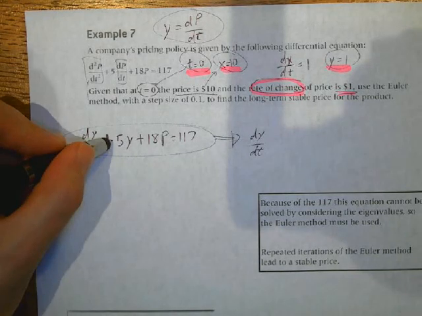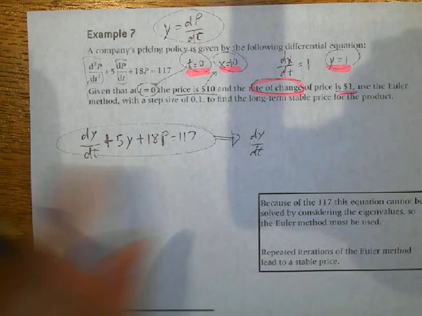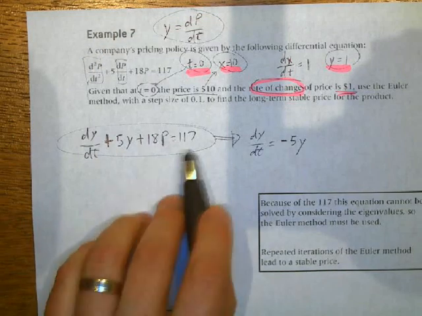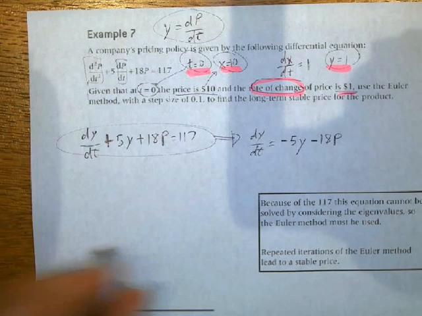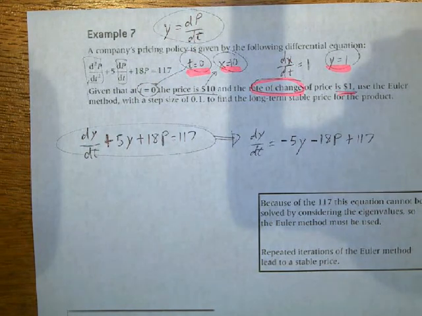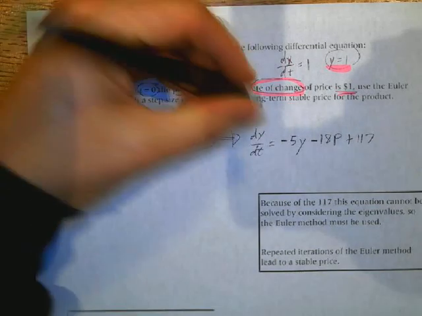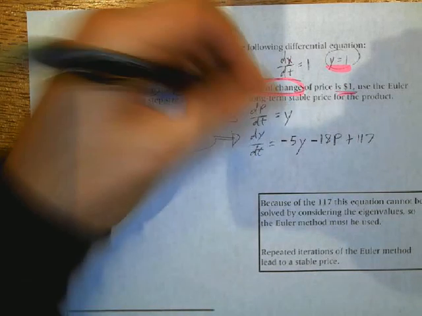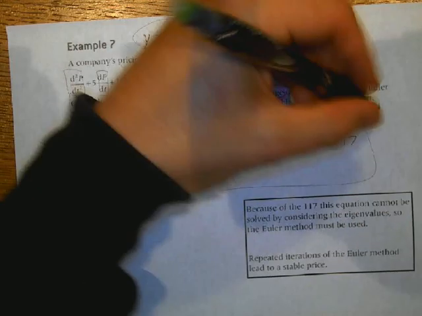Since we want to isolate this, I can subtract 5y on both sides, so it equals negative 5y. We can subtract 18p on both sides, so minus 18p, and then we still have the 117 on this side. And then the other equation is simply dp/dt equals y. So there are my coupled differential equations.